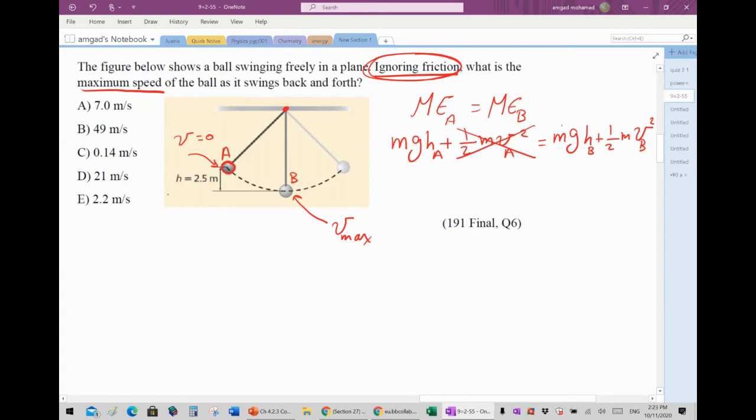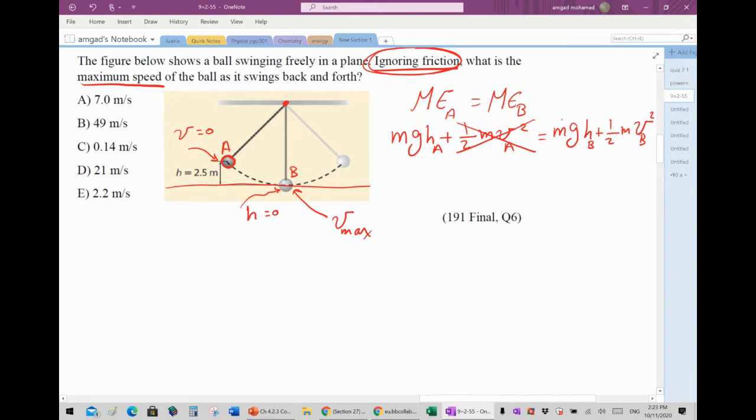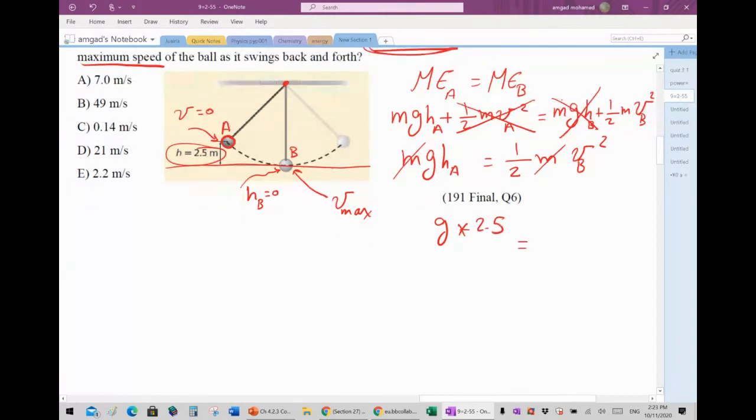And at point B, there is no height. The height is 0. So I will cancel this one also. So easily, mgh_A equals half times m times v_B square. Of course, usually I cancel the mass with mass. So g times h_A, the height at A, 2.5 meter, equals 1/2 times v_B square.